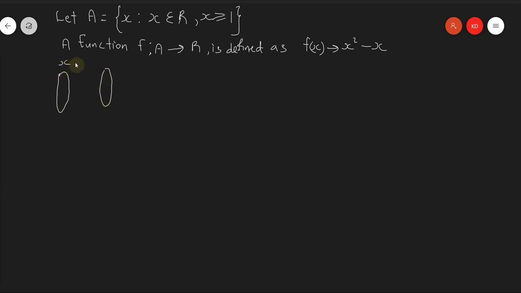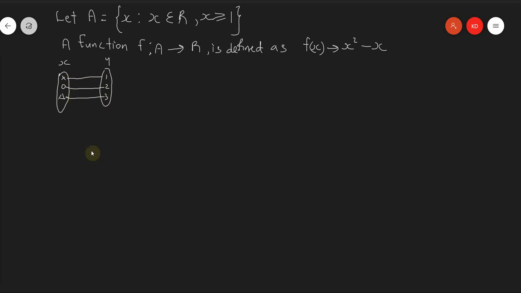If this is your x and that's your y, then each x value here would have a unique y value, right?